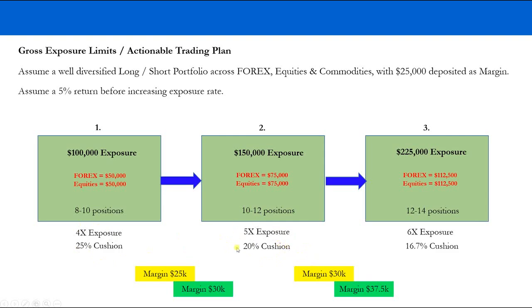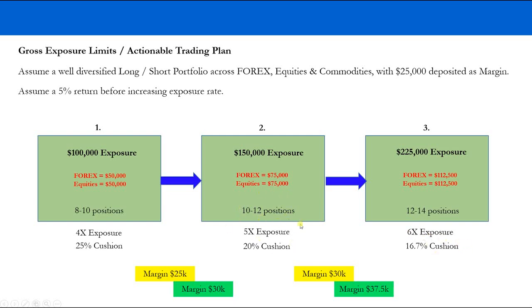As we make money, we're looking for the 5% return on $150,000 exposure, and we grow our margin from 30K to 37.5K because we've made $7,500 in the portfolio and our margin account is credited $7,500. Then we can start to ratchet up and look for increased exposure to 6 times.